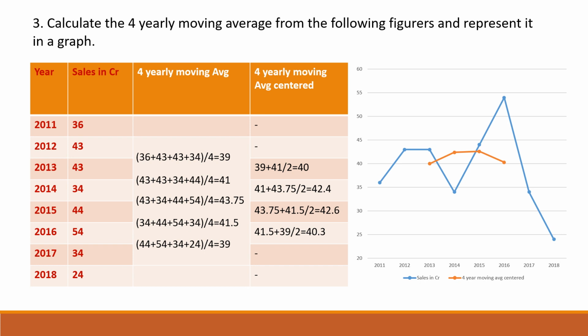Therefore, this method is not helpful in forecasting the values because it is not always linear. But in case of the semi-average method, it is always linear in nature, so we can predict there. But in case of moving average, it is not always a linear relationship, and it is also time consuming and difficult to calculate.